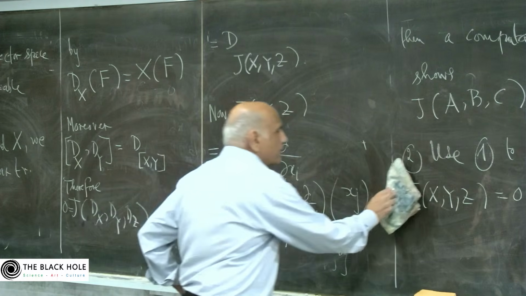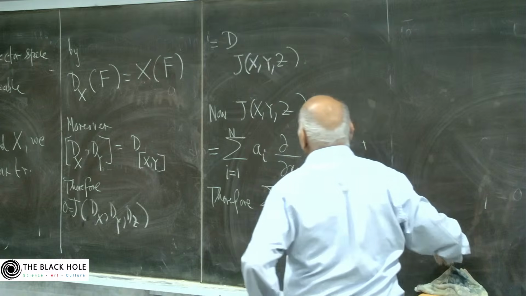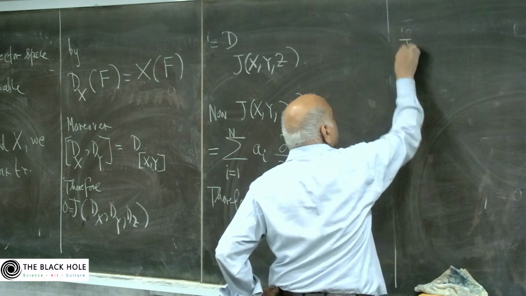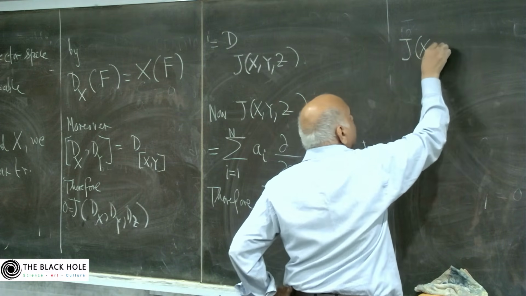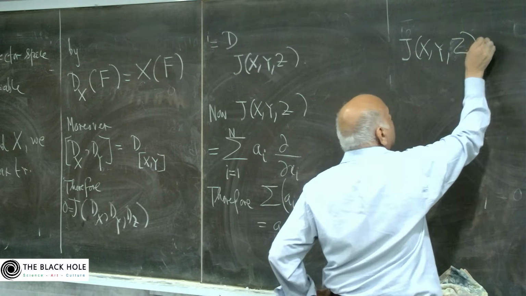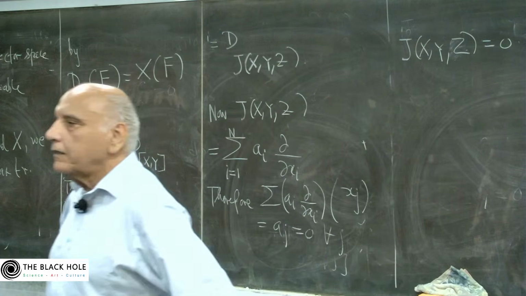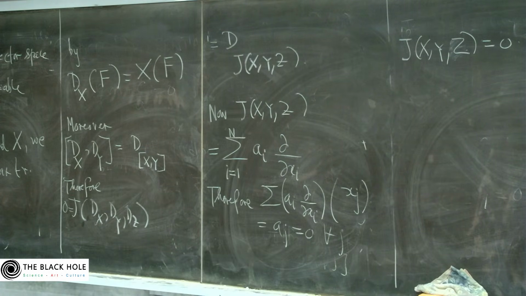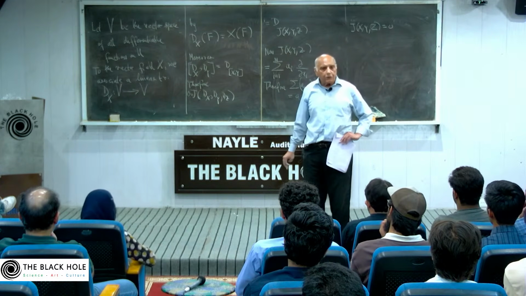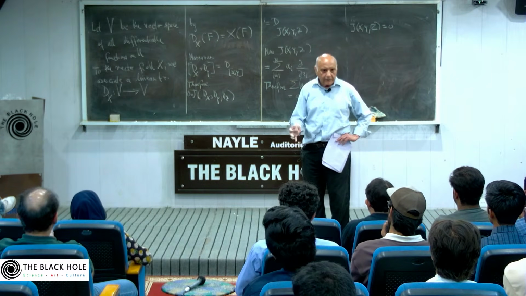Hence J of xyz is also 0. Okay. So this is a coordinate free proof of the Jacobi identity, a conceptual proof. You reduce it to something where you can verify it easily.